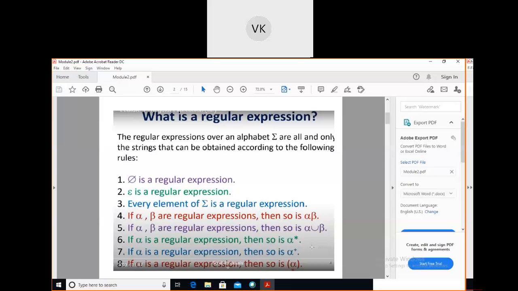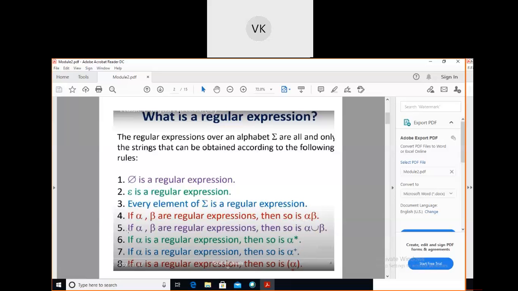Alpha dot beta is equivalent to alpha beta. If alpha and beta are regular expressions, then alpha beta is also a regular expression. The meaning is that the concatenation of alpha with beta is also a regular expression.